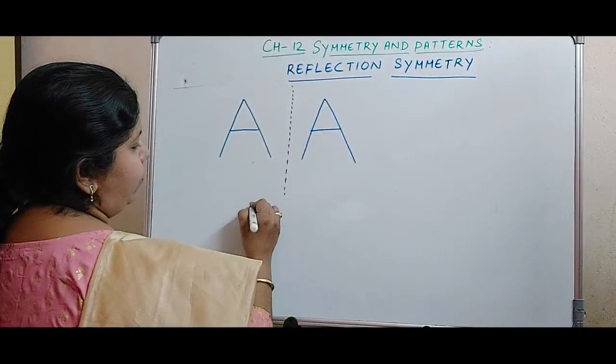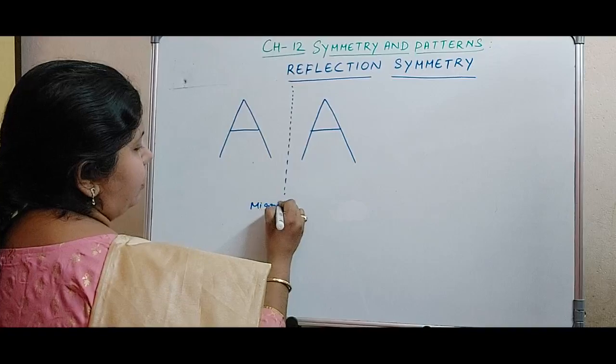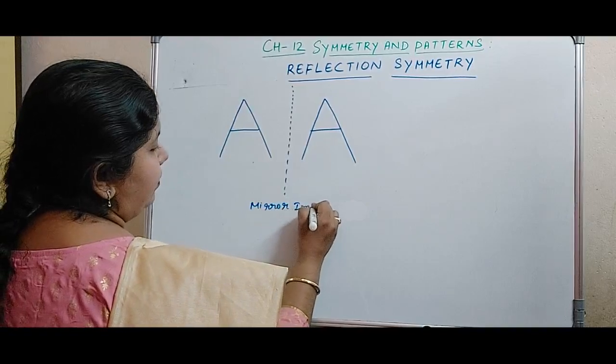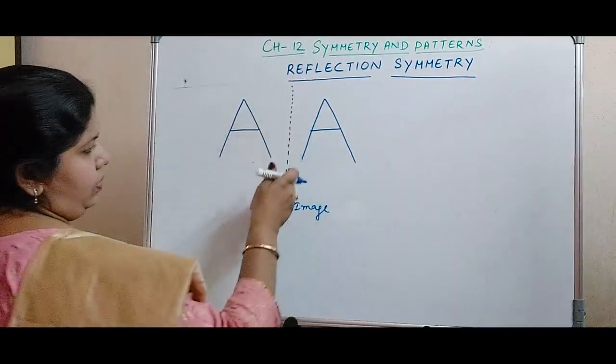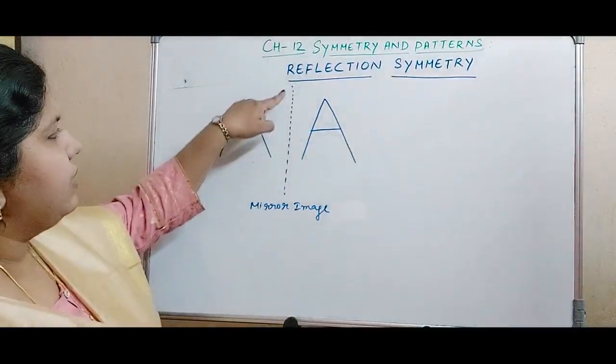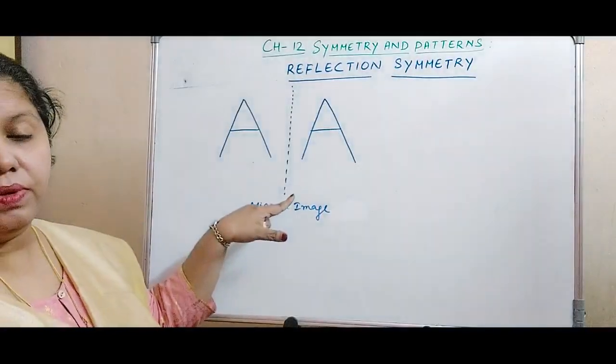So this is what you will call a mirror image. Why will you call it a mirror image? Because the mirror is kept in a vertical way.